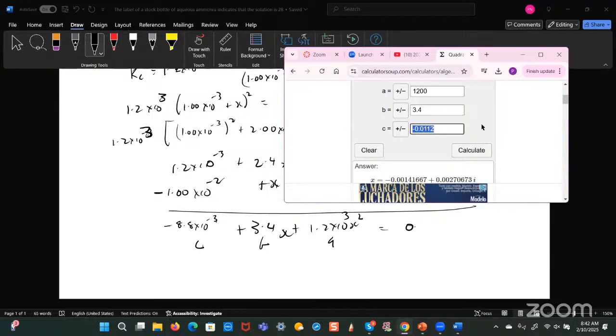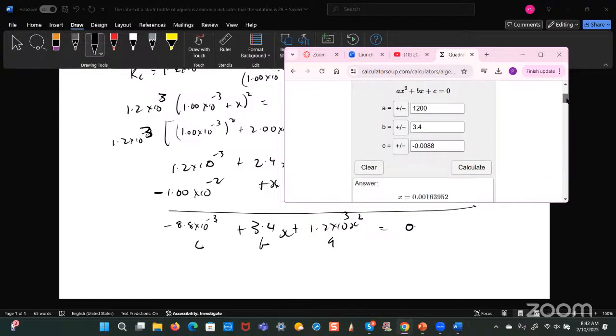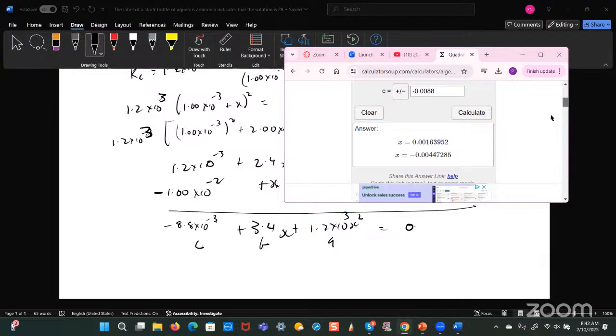So let me do this. 8.8 times 10 to the minus 3, that will be 0.0088. And that will be minus. Okay, so let's calculate and see what that gives. And now we have two values. Now this makes sense, right? We have x equals to this and x equals to negative that.